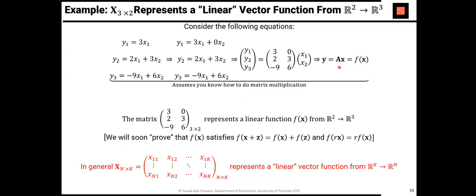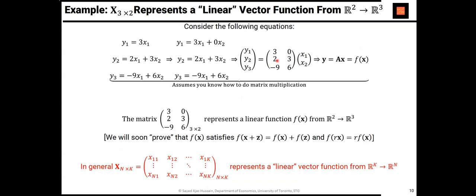In fact, you should carry out these two operations on the previous slide and verify that this is a linear vector function. So you've just seen that this matrix uniquely represents this particular function.